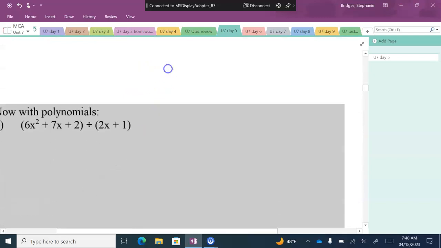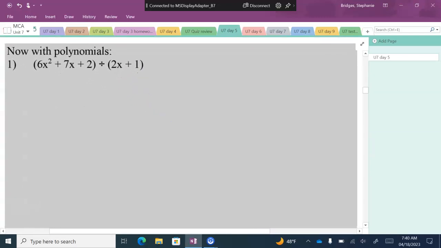So let's get into some polynomials now. If you'll take a minute and write that down. So when we set this up, the dividend, that's the one that we're dividing something into, goes under your division bar.